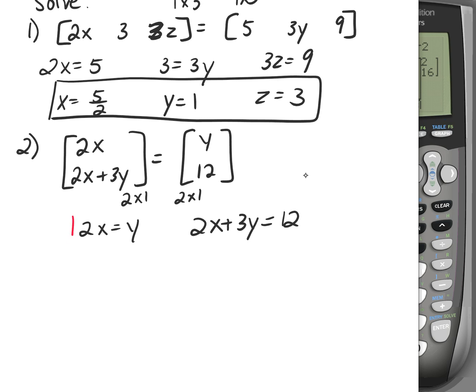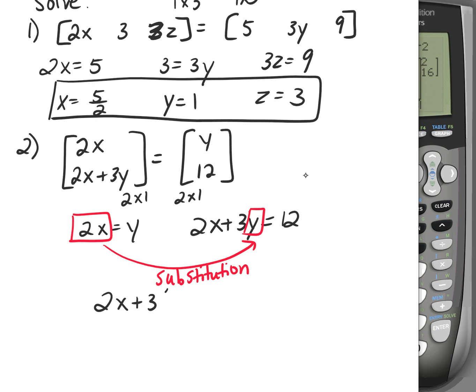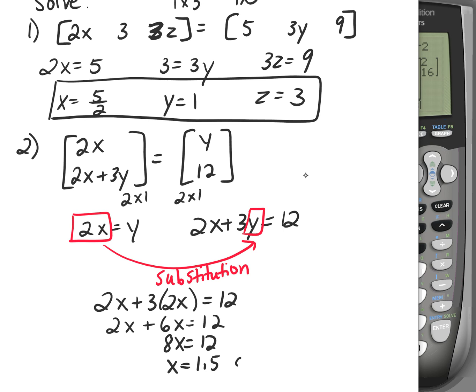So I would do this by a substitution, and we could substitute 2x in for y over here. So we get 8x is equal to 12, or x is equal to 1.5 or 3 over 2.